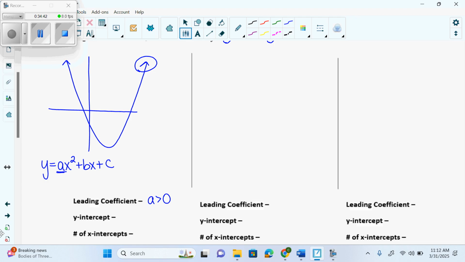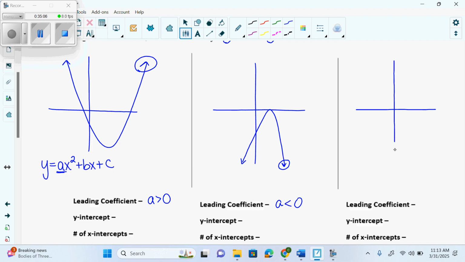Okay, the second one, what if I give you this? What is your A in this case? Because it ends down on the right. It just happens to end down on the left as well because it's an even degree. Then, our last one, what if I do this? What's my A? Less than 0 or greater? Less than, because it ends down on the right. We agree?